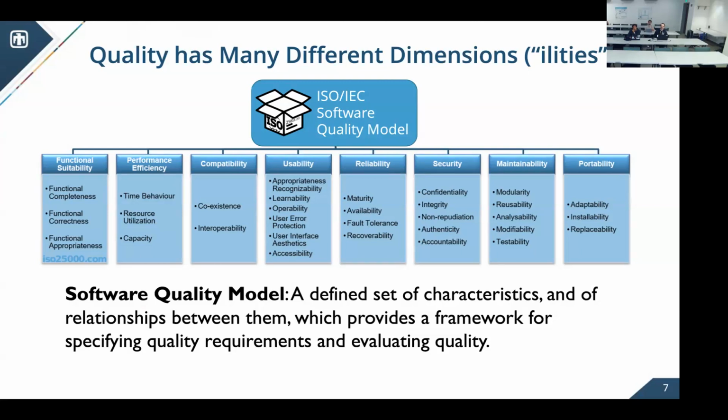So that spans everything from, say, functional suitability, like correctness, like feature completeness, right, to aspects of usability, right? So learnability, operability, user error protection, and then other things like portability or maintainability, right? And the idea is that there's no one single metric, one single approach, one single anything for quality, but rather it depends on a case-by-case basis for what different projects are aiming to achieve, right?